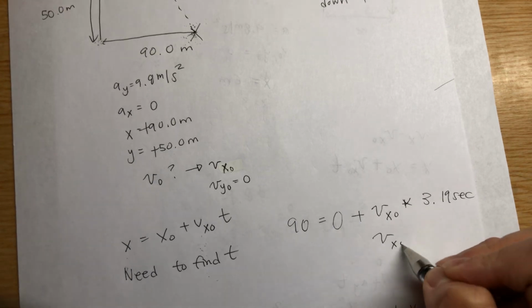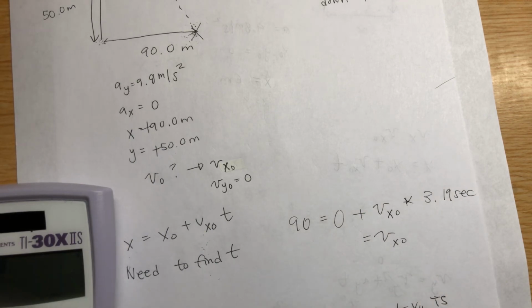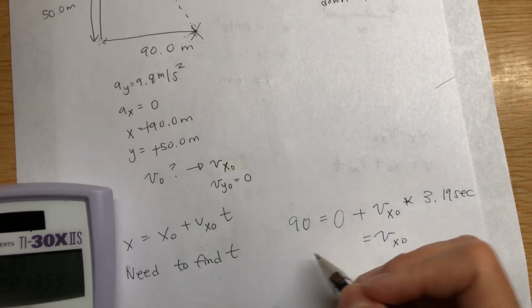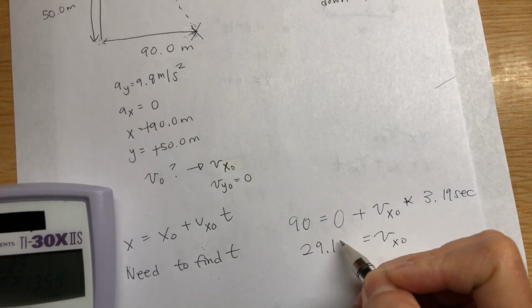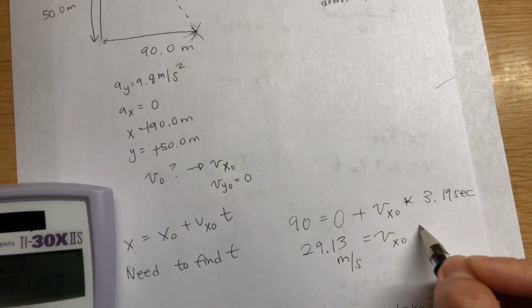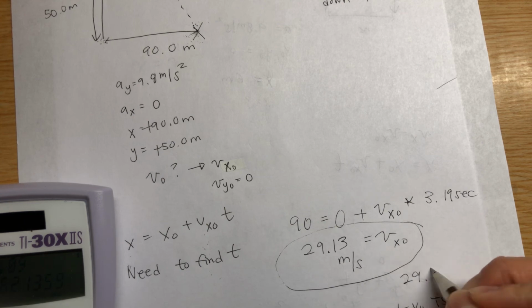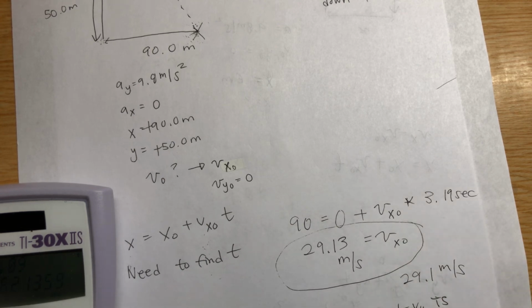So Vx naught equals, you divide the 3.19 over, 29.13 meters per second.